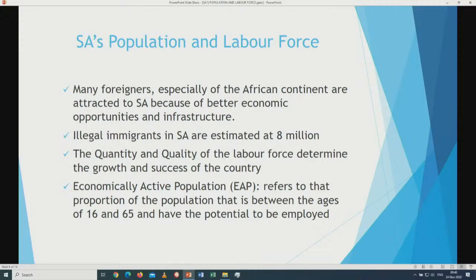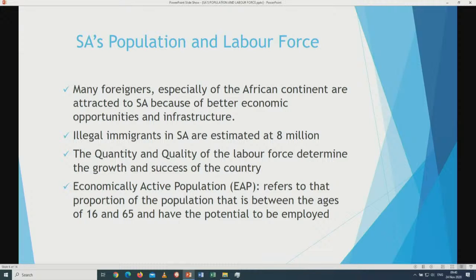Now let's talk about the economically active population, or EAP. This refers to the proportion of the population that is between the ages of 16 and 65. It depends on a country. Some say it's between the ages of 14 or 15 and 64.